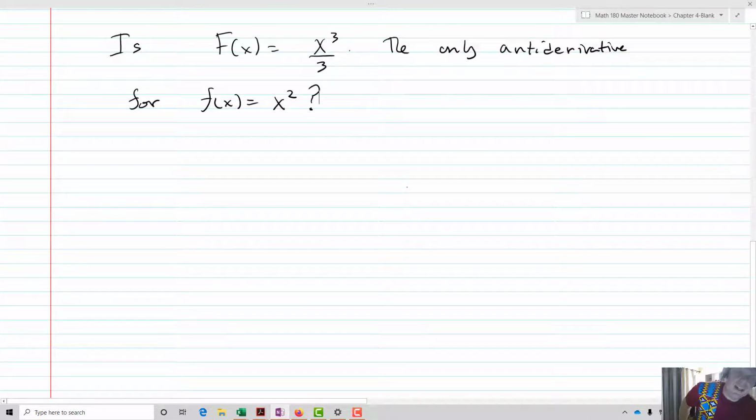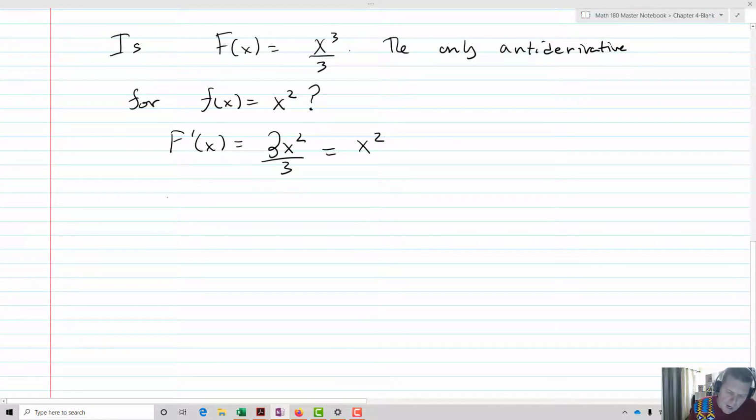So this begs the question next: is big F of x equal to x cubed over 3 the only antiderivative for little f of x equal to x squared? And the answer is actually no. Because while we know that big F prime of x is going to be equal to 3x squared over 3, which equals x squared, watch this.